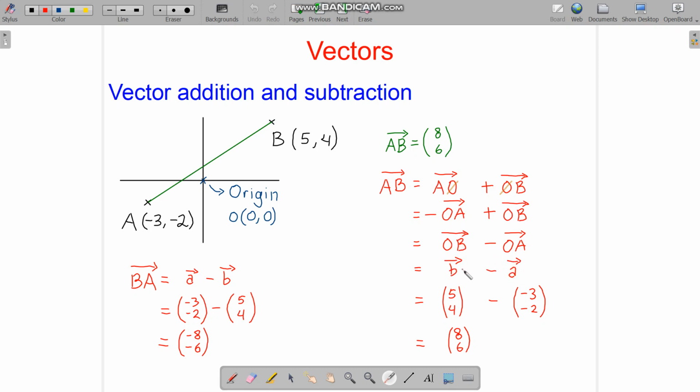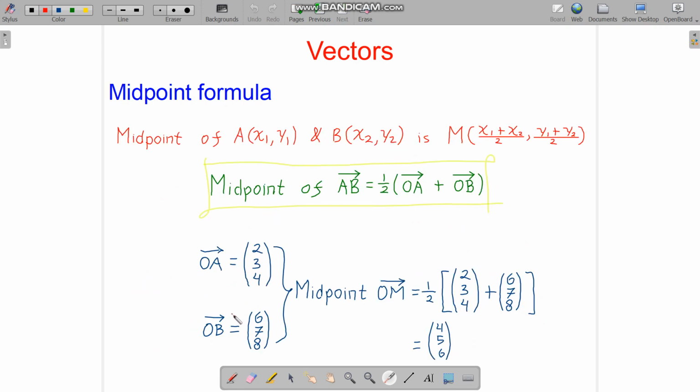This means we just do b minus a. So b is 5, 4, a is minus 3, minus 2, b minus a, you get AB. So to find AB, all you do is the coordinates of B minus the coordinates of A. Same thing here for BA, that's the coordinates of A minus the coordinates of B. So that's how you find displacement vectors.